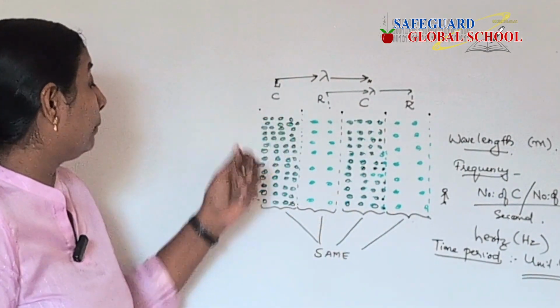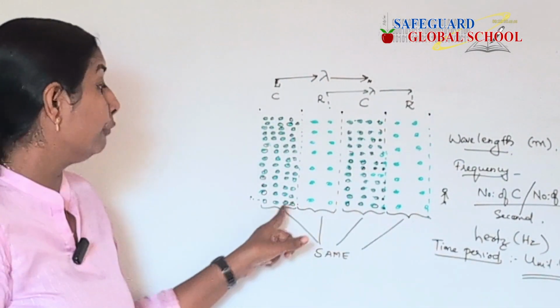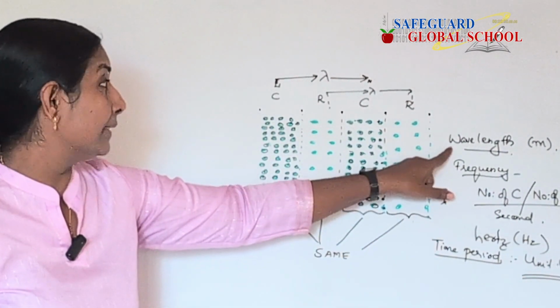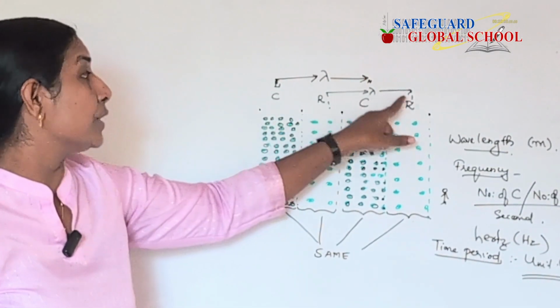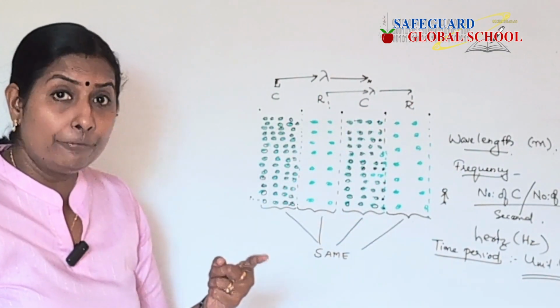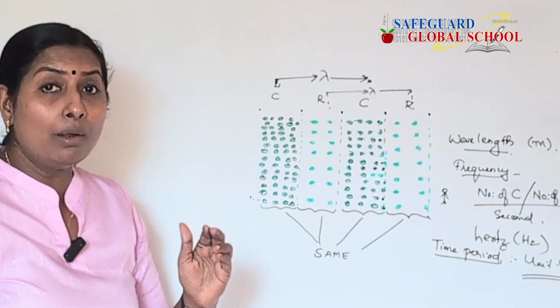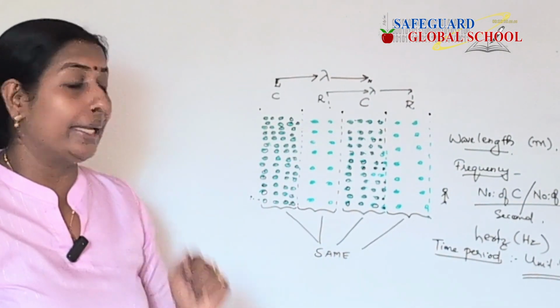Taking a recap, all the compressions and rarefactions are of equal width, and wavelength is the distance between two consecutive compressions or two consecutive rarefactions. Frequency is the number of compressions or rarefactions crossing a point per second.